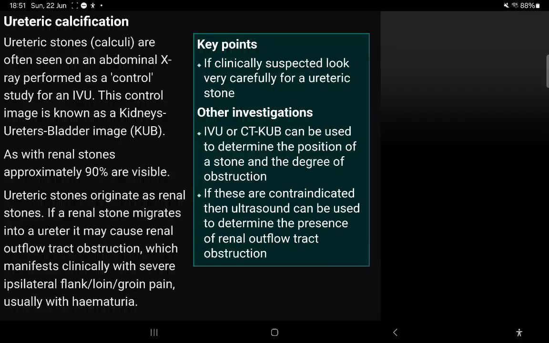The flank and loin pain is most probably due to the urinary outlet obstruction causing hydronephrosis on the same side of the ureter. Hydronephrosis means collection of fluid within the renal pelvis and a distended renal pelvis. This condition should be treated so as not to lead to renal failure.